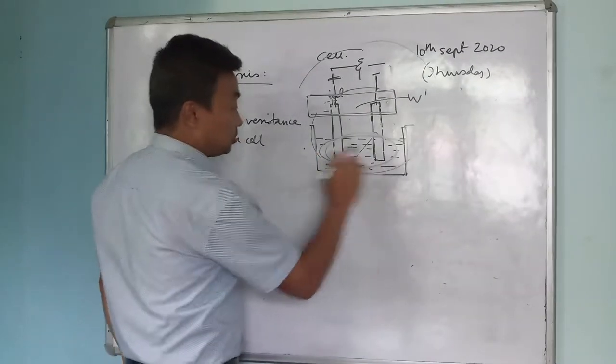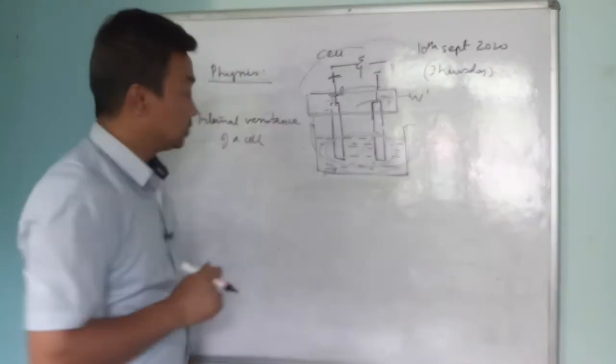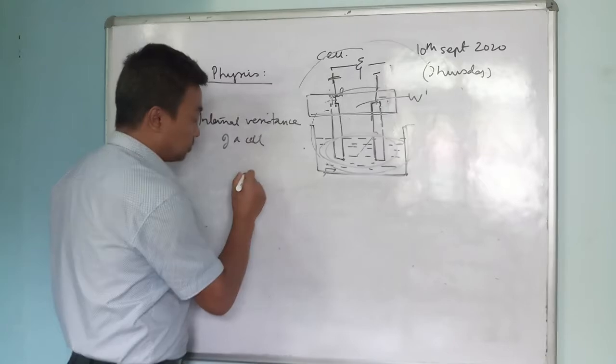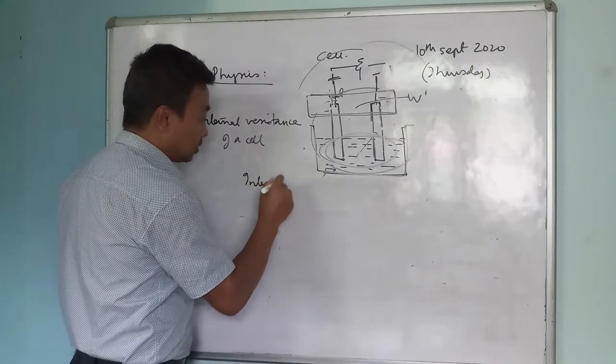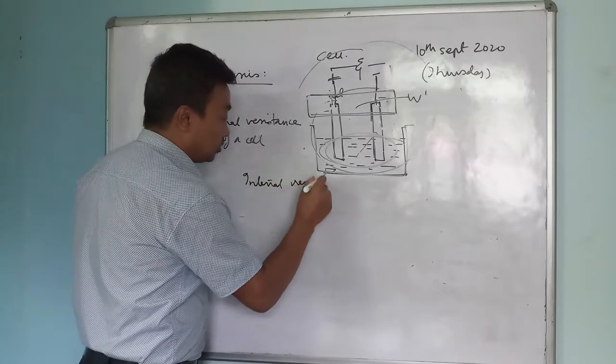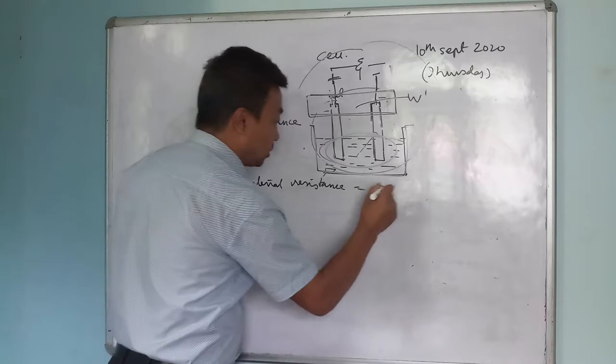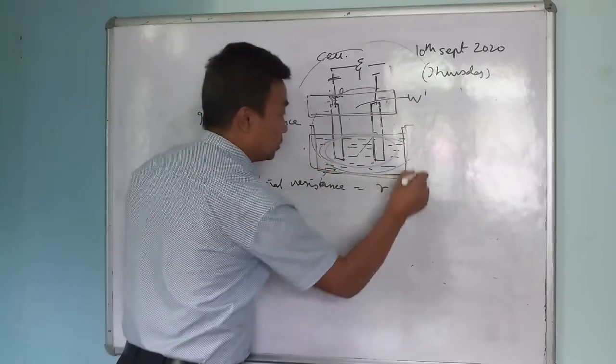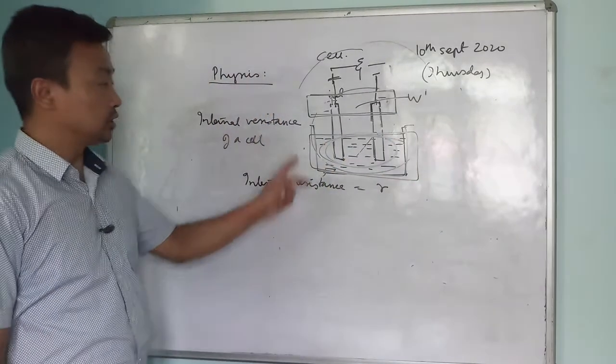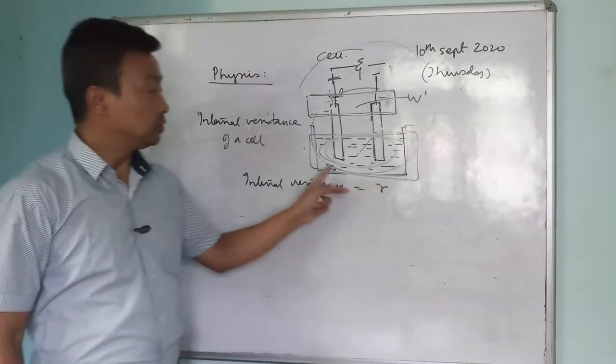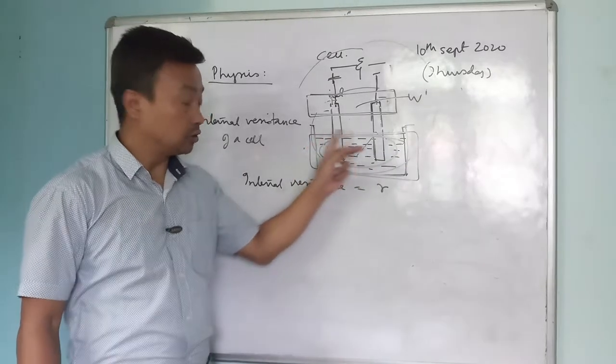The internal resistance of the cell is given by small r. Now if you limit your focus to this inside the cell, what type of the potential difference is there through this electrolyte?